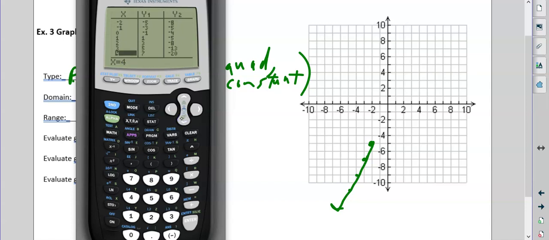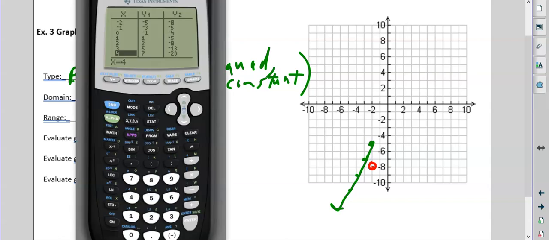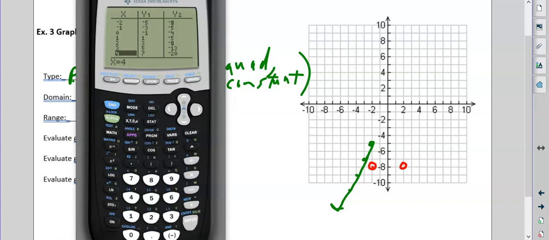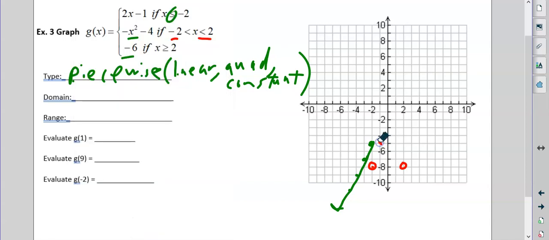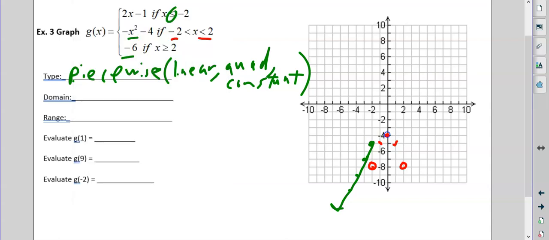So we're looking at y2 for this one, -2, -8, open dot, and 2, -8. They are going to match because it is a parabola. And then we have -1, -5. And we have +1. And then 0, -4. So we have this little parabola between here and there.